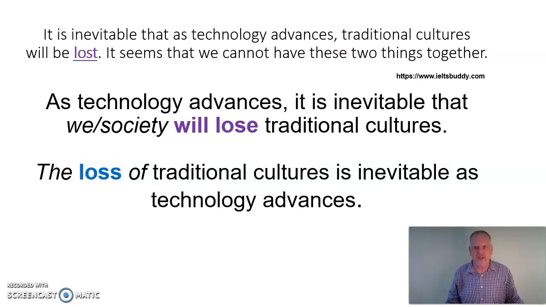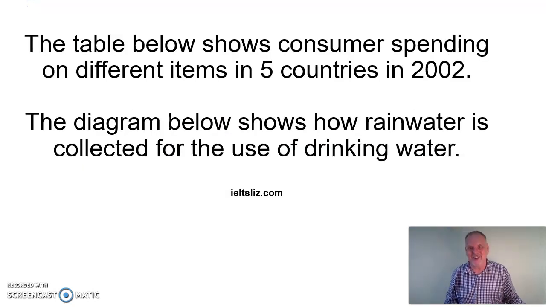And as you can see, it's not easy. The language doesn't seem to have changed very much, but the sentence structures have changed quite a bit. So in order to do this, you need to get it right in order to get the higher band, the 7 and above. So you need to practice it.